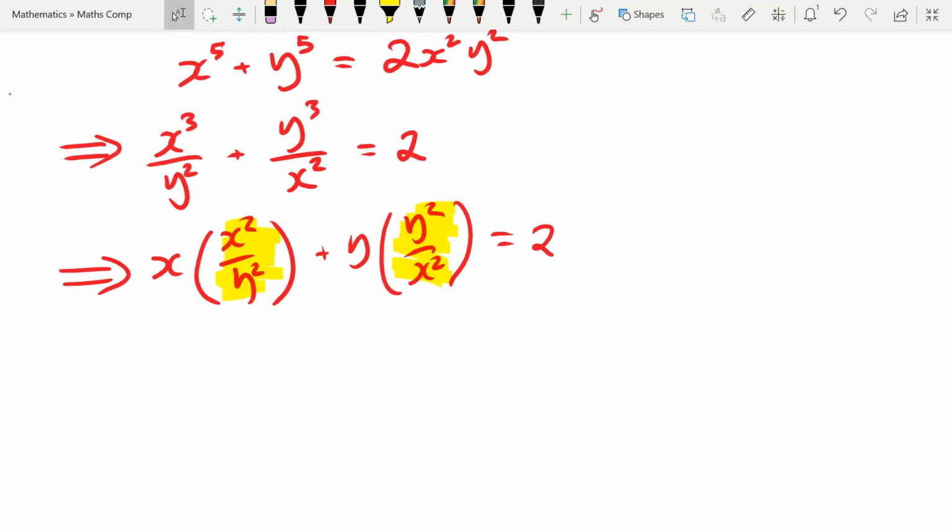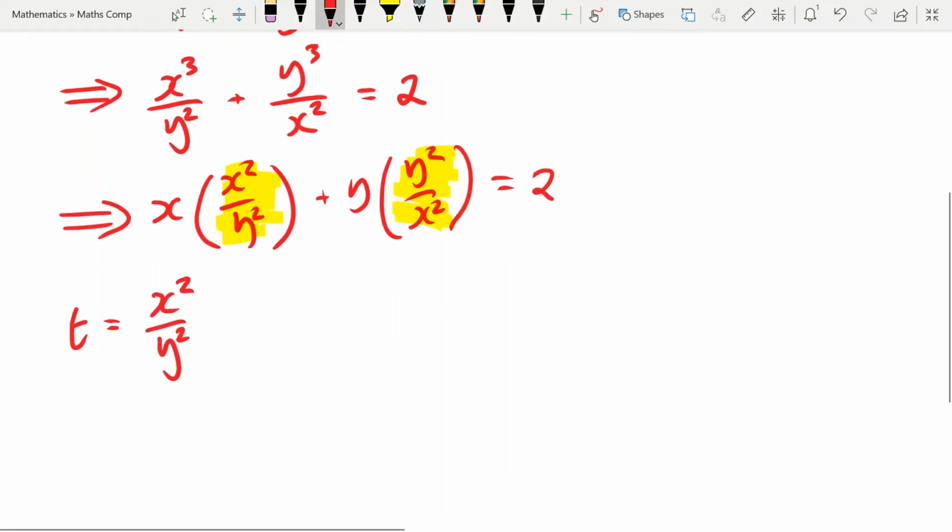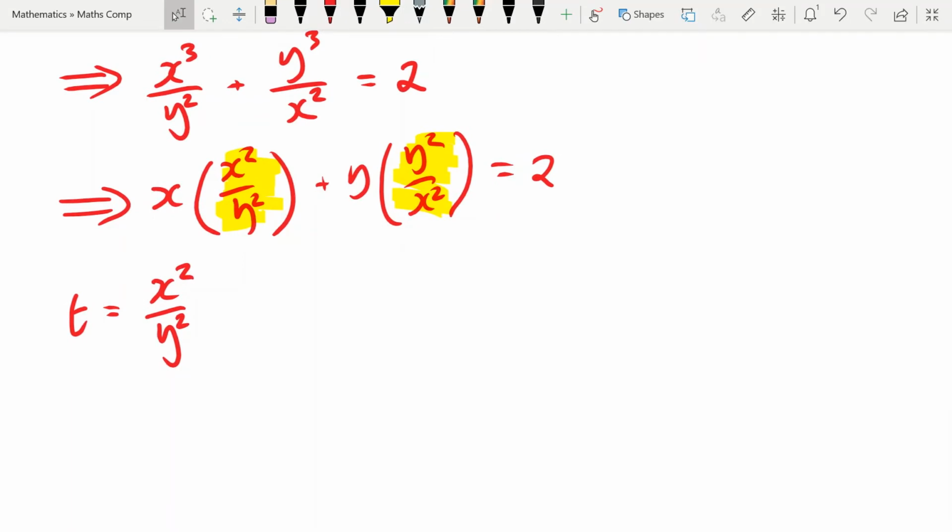So we can say the substitution that t equals x squared over y squared. Then the following equation will be x times t plus y over t. This is the same thing as y times the reciprocal of t, is equal to 2.